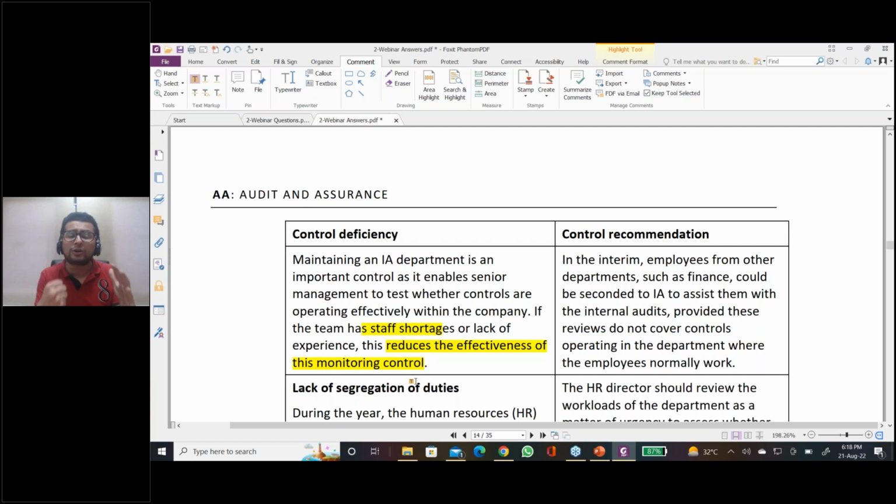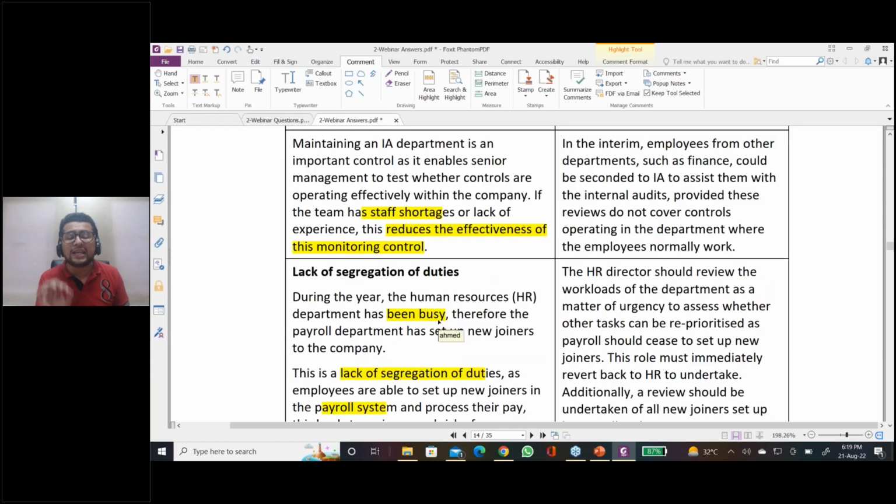So if that internal audit department is under resourced or understaffed, this important control is compromised, which reduces the effectiveness of this all important control. Third deficiency within the question is that the HR department and the payroll department should have a segregation of duty, but because the HR department is too busy, there seems to be a compromise that could lead to fictitious employees being set up and paid. Are you clear up till now with respect to three deficiencies?